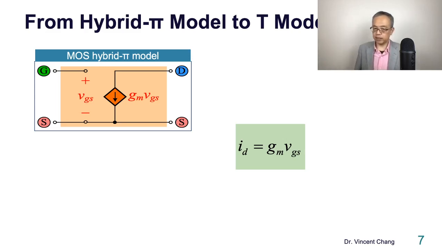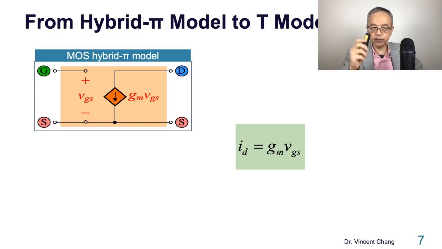By the way, why is it called the hybrid pi model? Imagine there's something connected between the gate and the source. It kind of resembles the mathematical symbol 3.14, which is pi. So it's called the hybrid pi model.